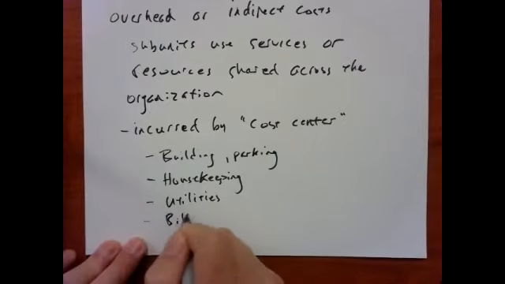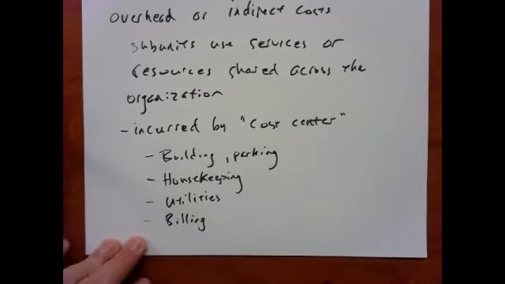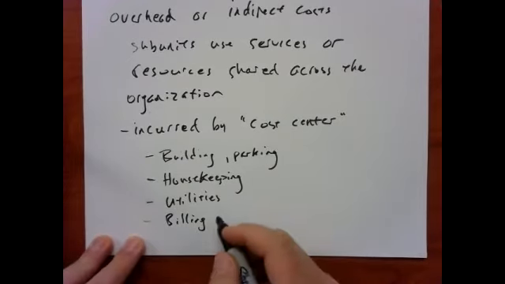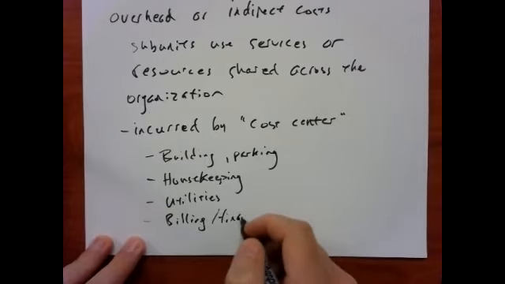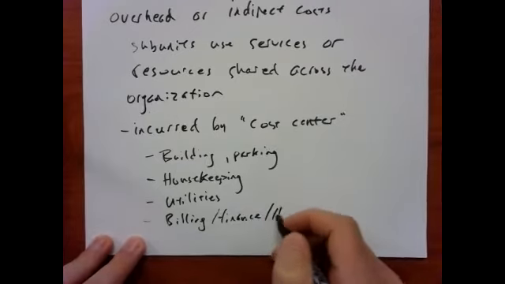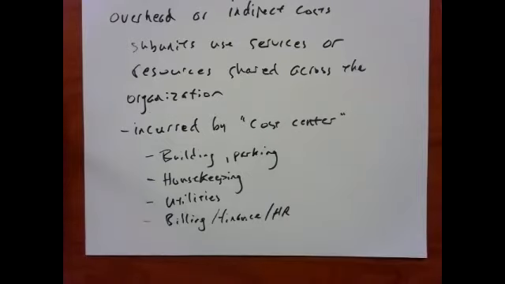Very often, a big area where group practices save is consolidated billing, finance, HR, right? Particularly back office stuff gets consolidated. So Wentworth Douglas, for example, recently became part of Partners.